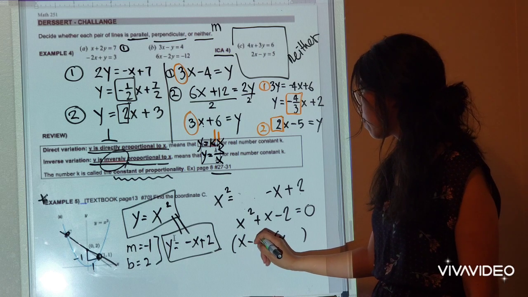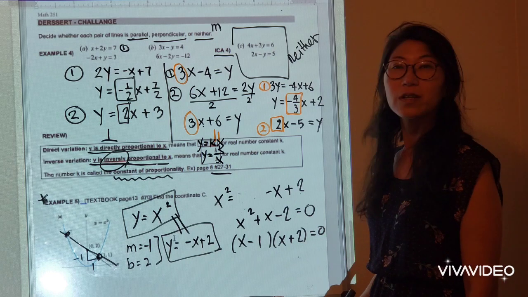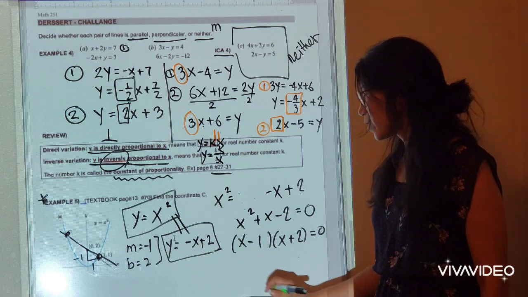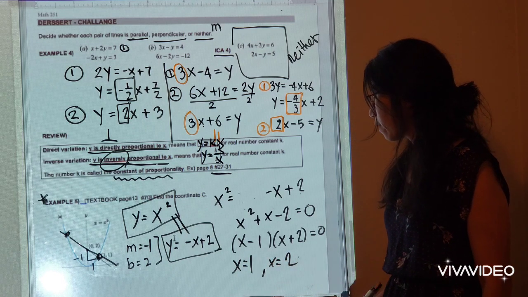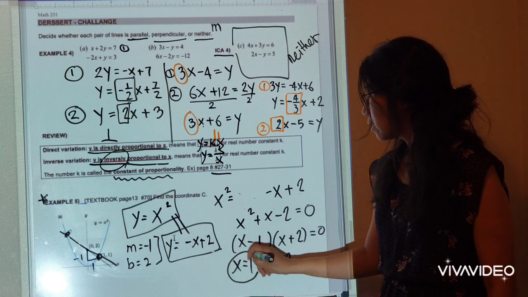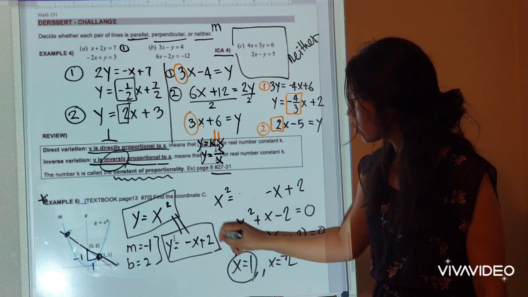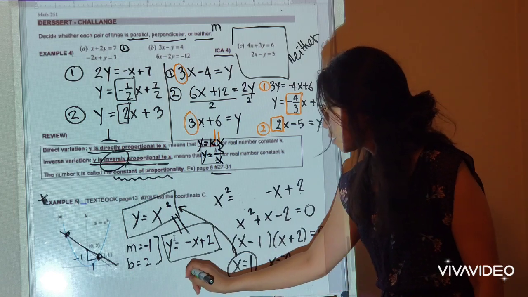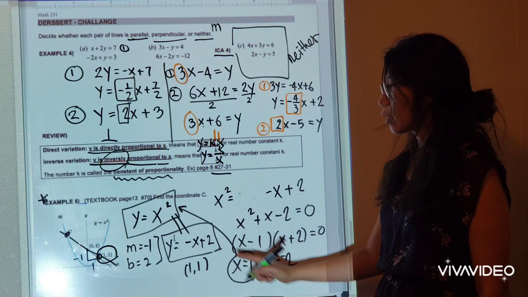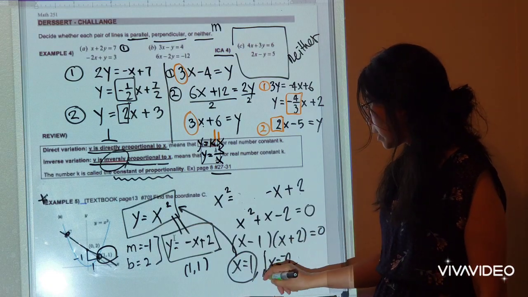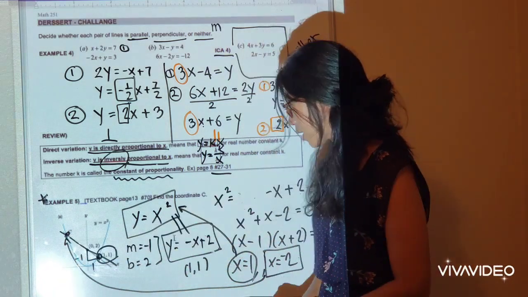I see that it factors as x minus 1 times x plus 2. I'm sure you guessed that too. So from here, x is 1 and x is negative 2. I got x is 1. If I plug it into my original equation, I will get 1, 1, which is this coordinate, which I already have. So it should be negative 2, which corresponds to the C value.